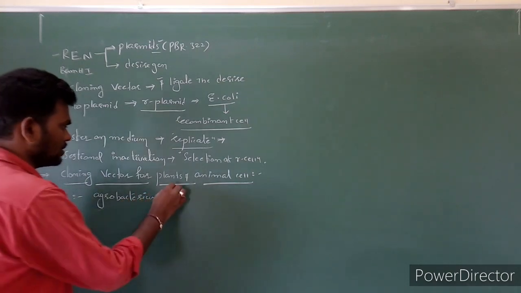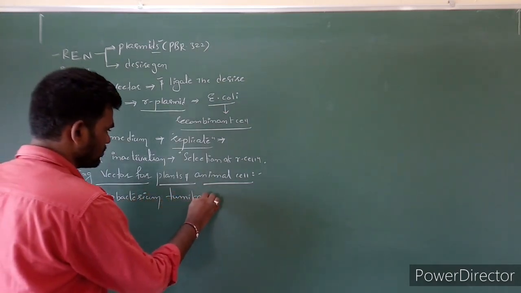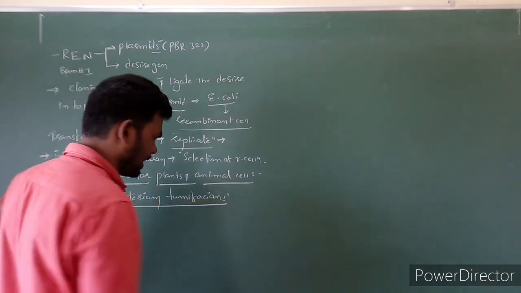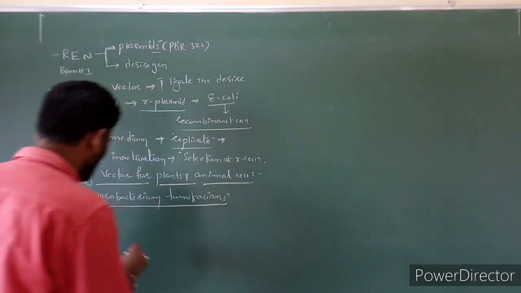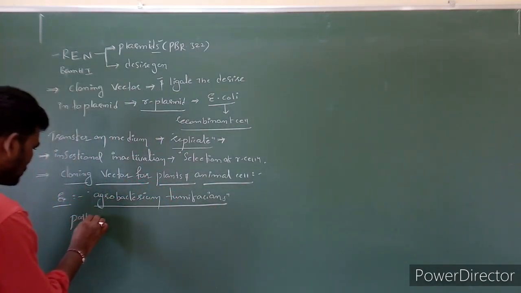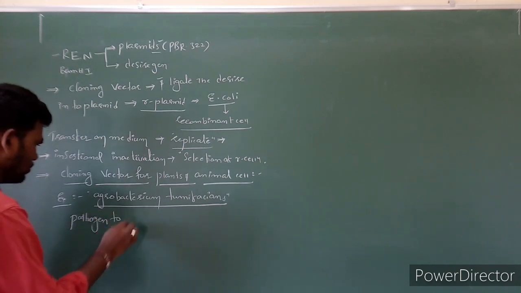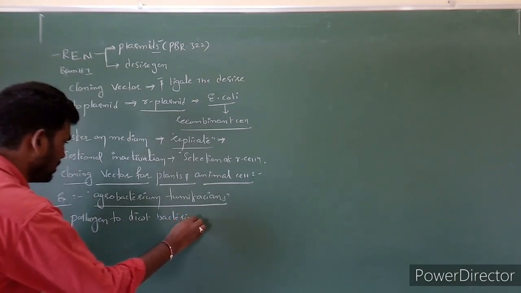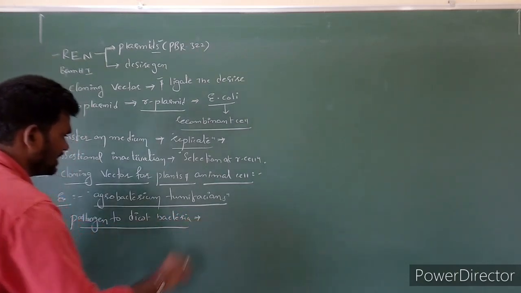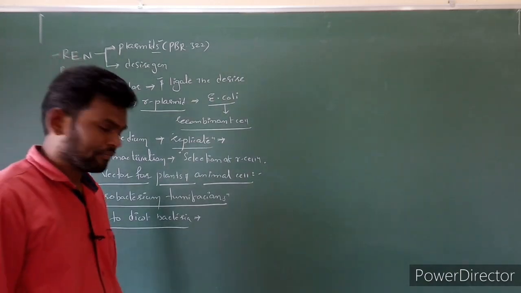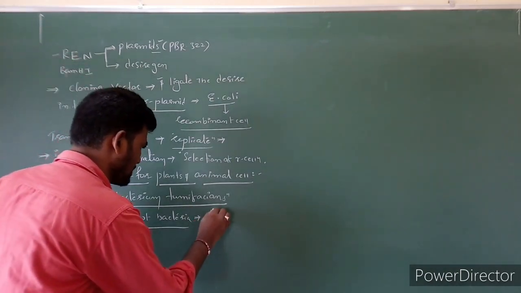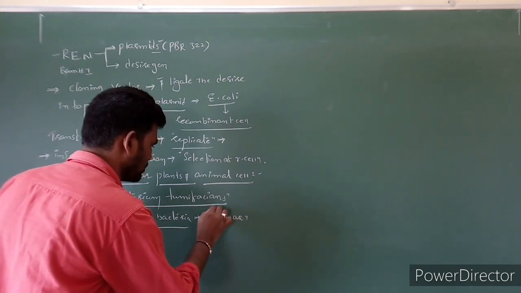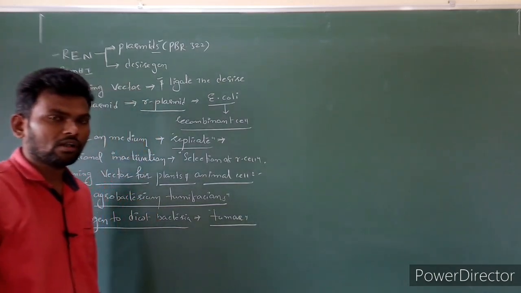Agrobacterium tumefaciens. Agrobacterium tumefaciens is a bacteria. It is a pathogen to dicot plants. Pathogen means disease causative agent. Due to that, it causes the disease tumor. It causes a disease what? Tumor.